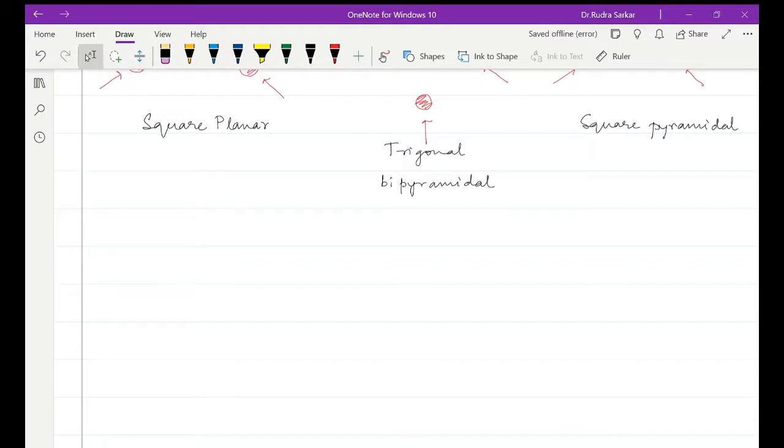Now, these may also come along the vertices of an octahedron in this manner.